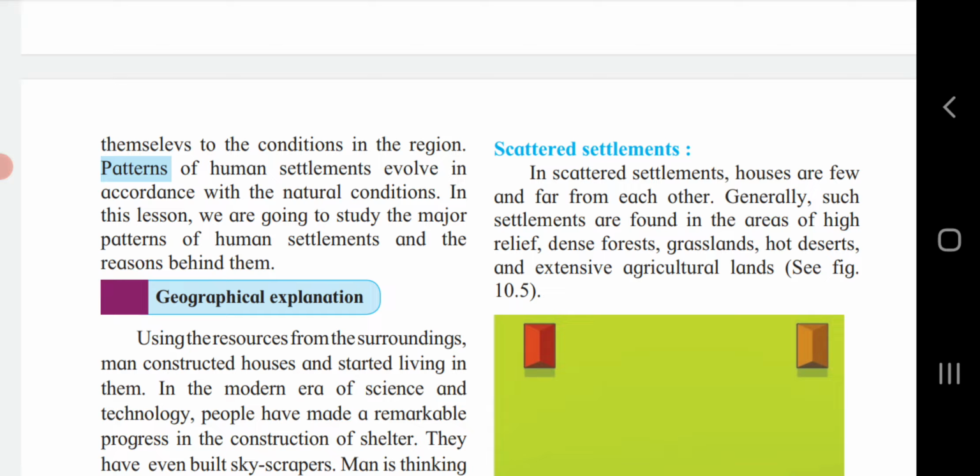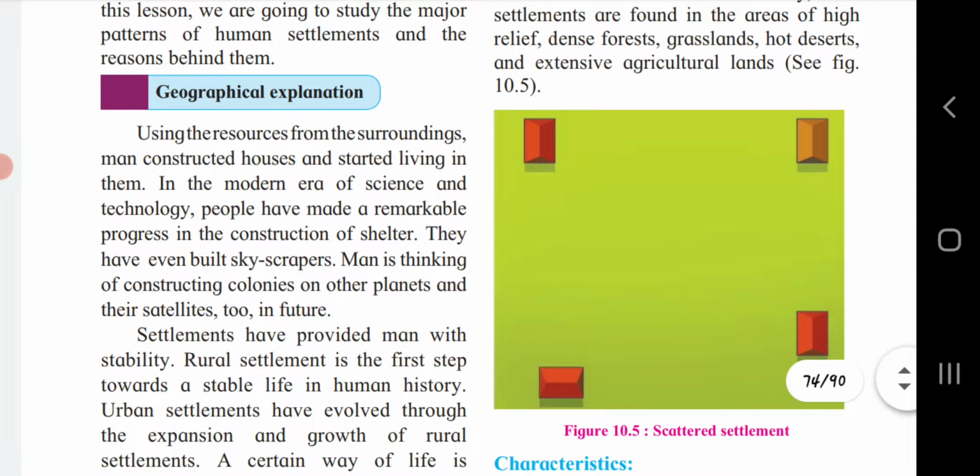Patterns of human settlements evolve in accordance with the natural conditions. In this lesson, we are going to study the major patterns of human settlements and the reasons behind them. So according to our need, according to our choice, we settled in the linear pattern, scattered pattern, or in a nucleated pattern.